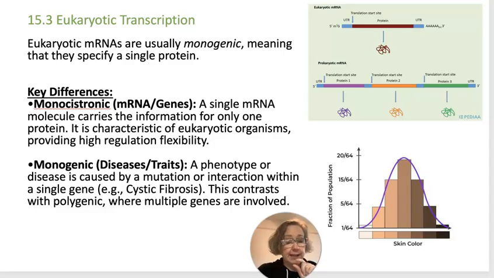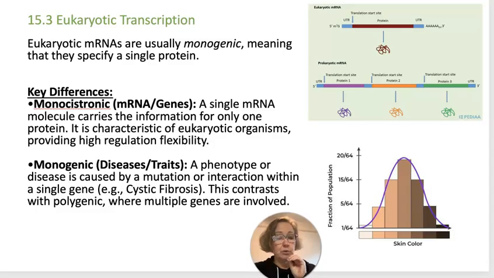So monogenic is like when we talk about peas, those are monogenic. If you have this gene, you're a yellow pea or a wrinkled pea or a smooth pea. That's monogenic. You have it, you don't have it. Polygenic is like skin color, diseases that have a spectrum, right? We don't have just 3 skin colors. We have a variety of skin colors.